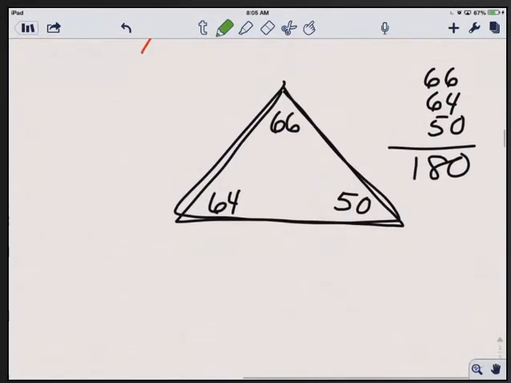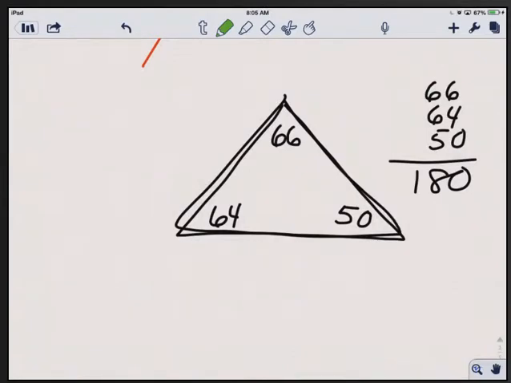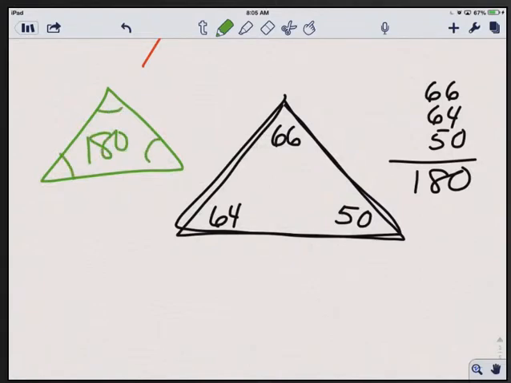So that's kind of an outline of the proof of the theorem that states for any triangle the angles add to equal 180. That's the interior angles of the triangle. Hope all of that helps. Good luck.